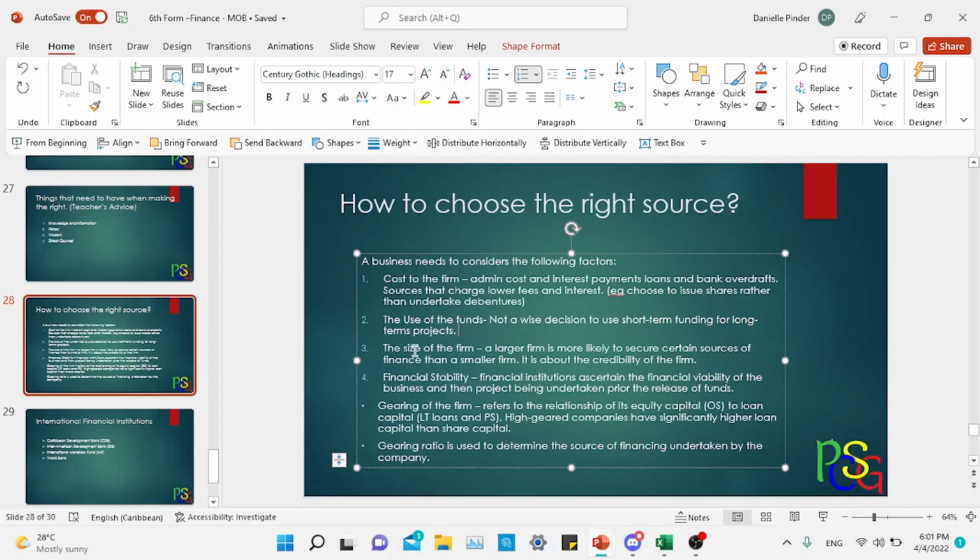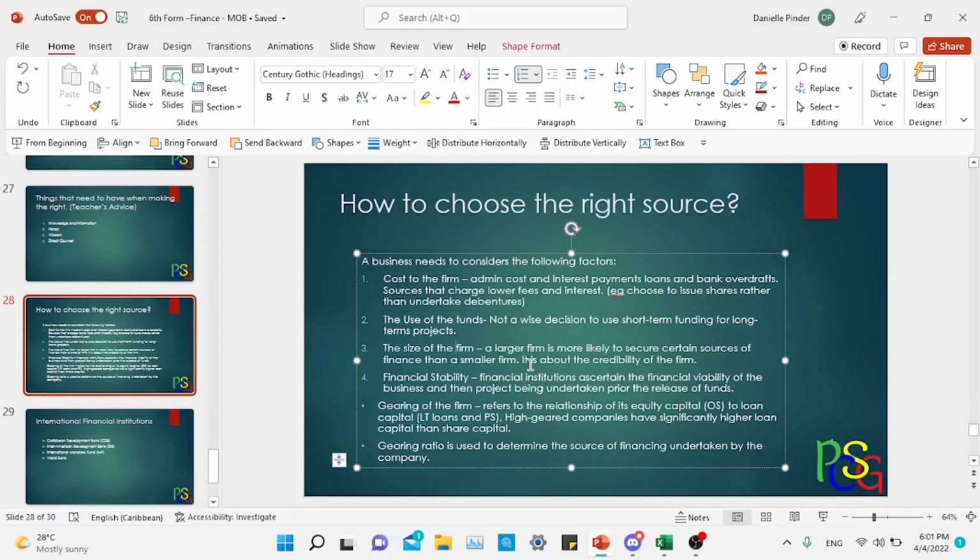Right. And then also, as we have here, the size of the organization. Is it big? Is it small? A smaller organization wouldn't need as much funds as a large organization, so you do have to take that into consideration.